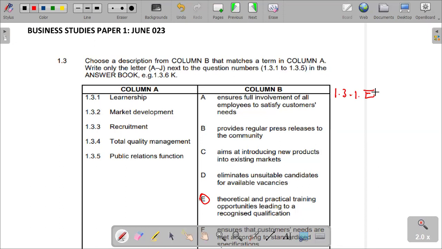We have heard of people getting learnerships in the public sector, social services, and a lot of other government departments which might provide this.